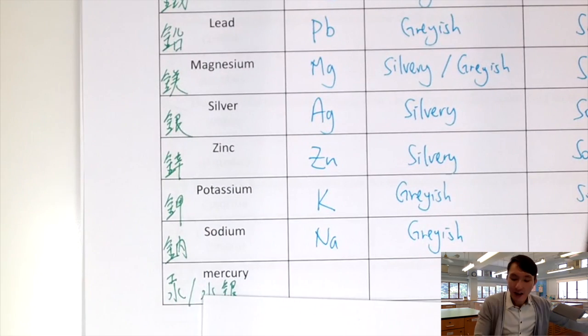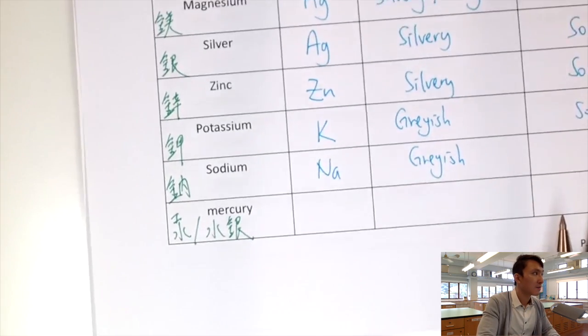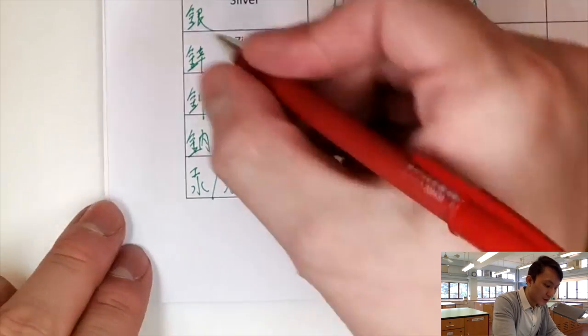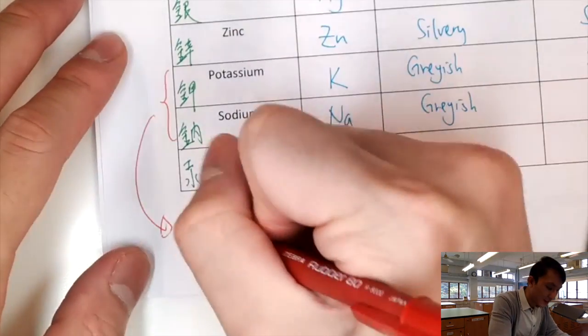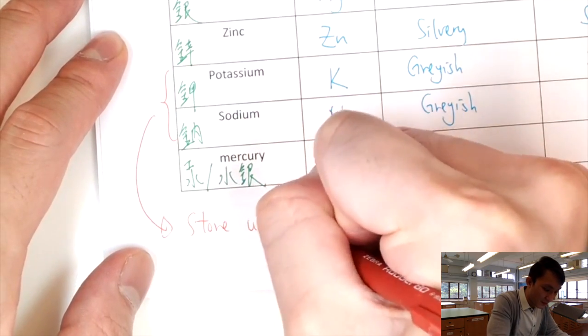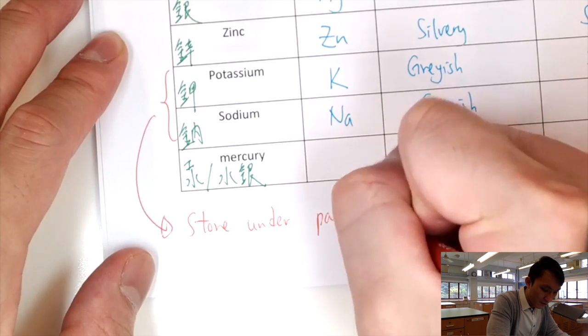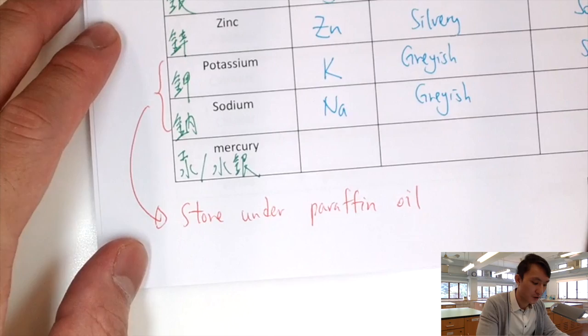Now, we want to add a remark for these two metals. So these two, we say that they must be stored under paraffin oil. Okay, must be stored under paraffin oil.